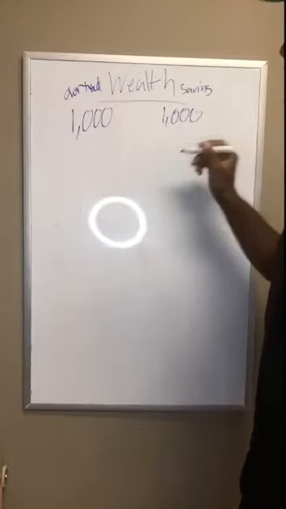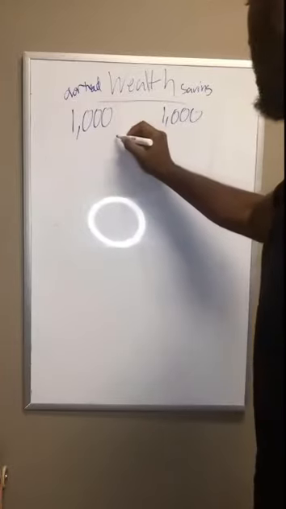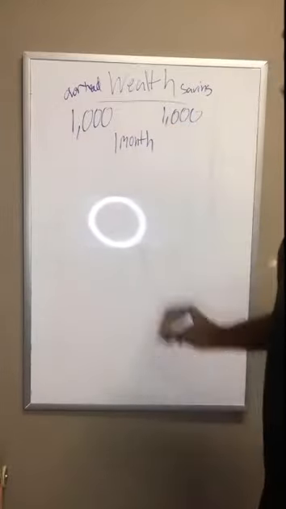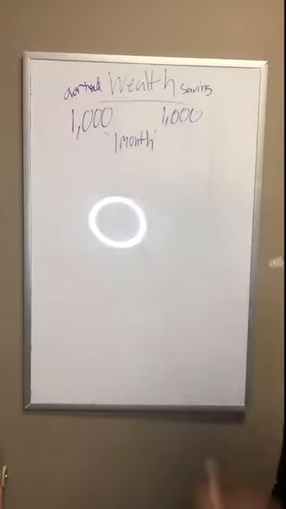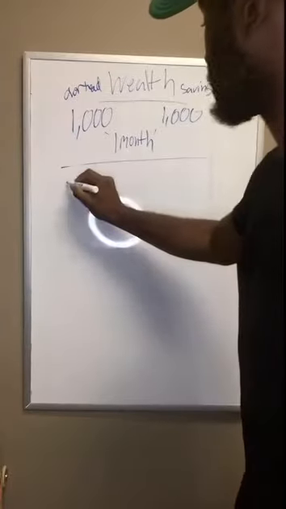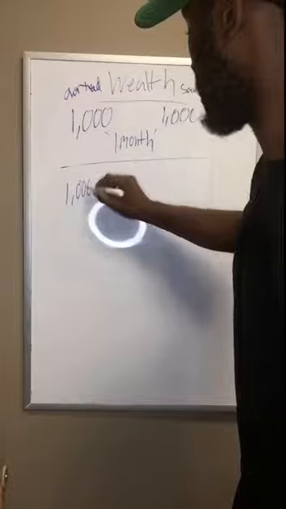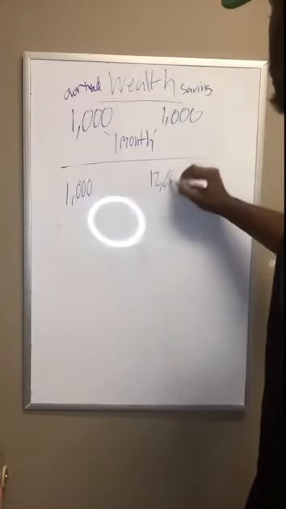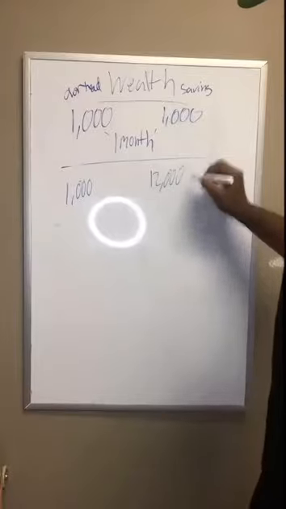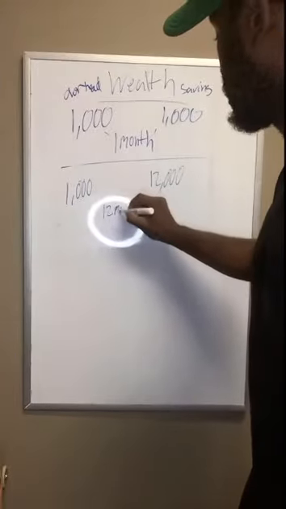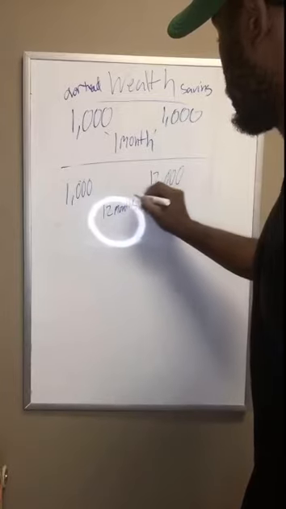That means your wealth is measured by 1 month, right? Now, if you have the same overhead, same $1,000 overhead, but you have $12,000 in savings, then that means you have 12 months of wealth.